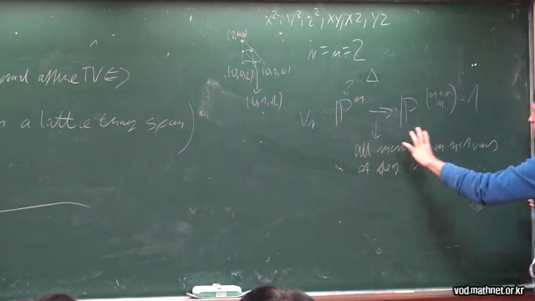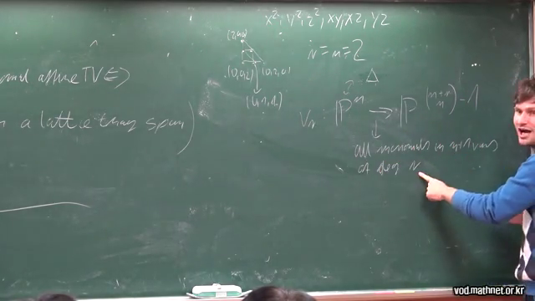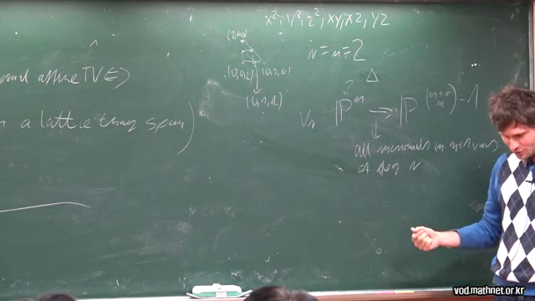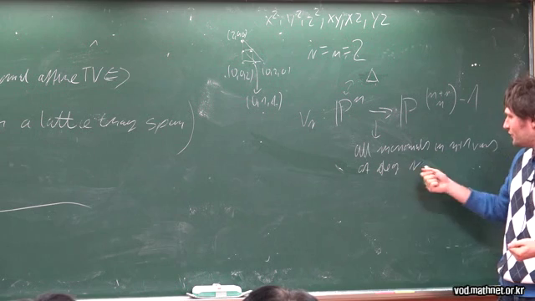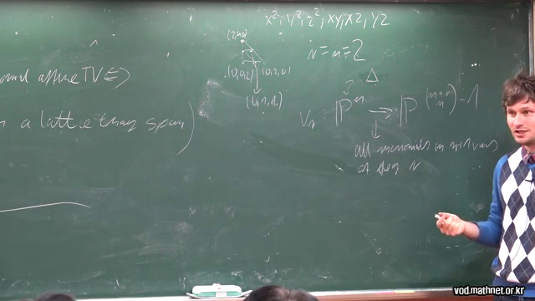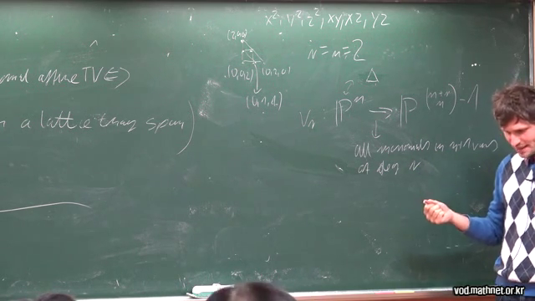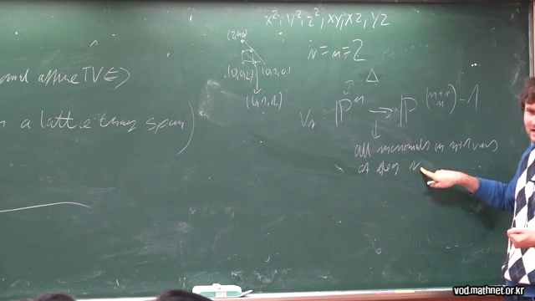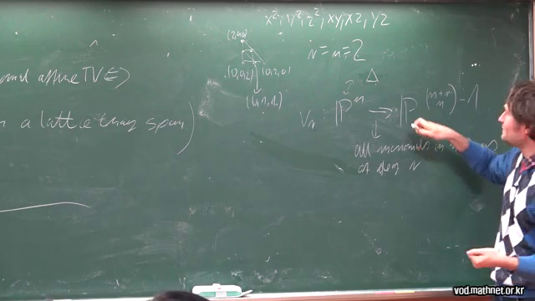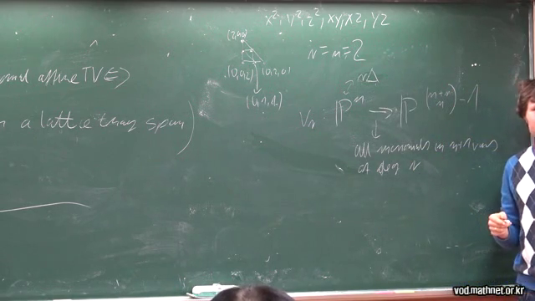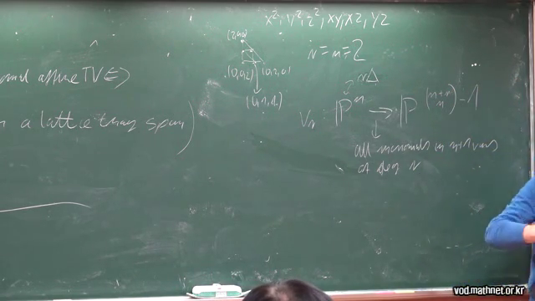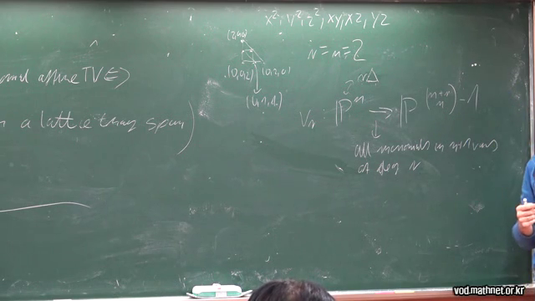So these are now all monomials in n plus 1 variables of degree r. So we need to take all exponents of all monomials in n plus 1 variables of degree r. In other words, we are looking for integral points that sum up to r and are non-negative. So maybe you can see that this is r times this simplex. If you rescale it r times, you will get this.